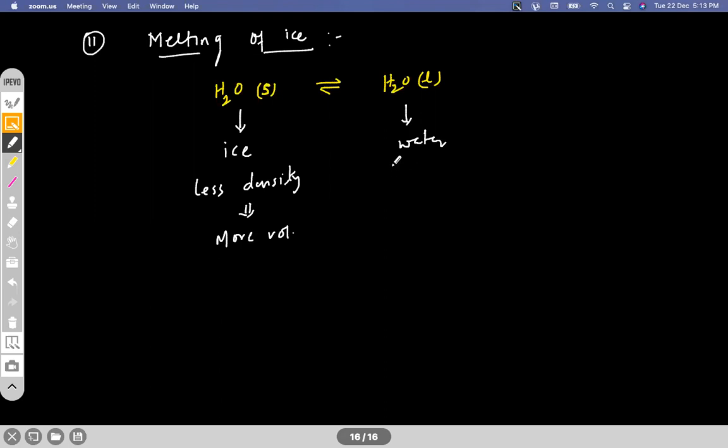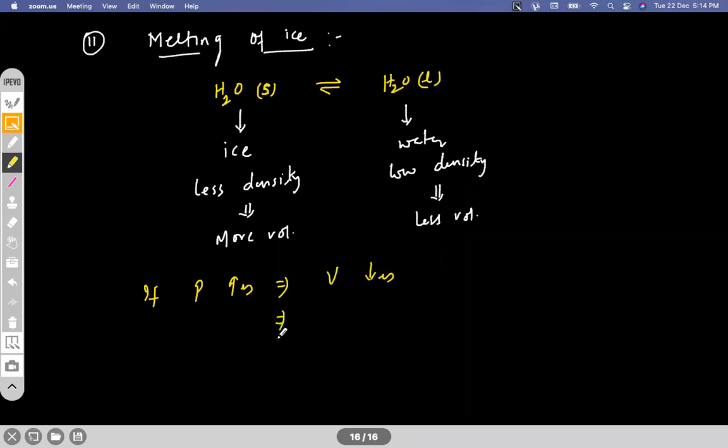This has high density, and high density means less volume. So if you increase the pressure, what happens? If pressure increases, the volume will decrease, same thing.